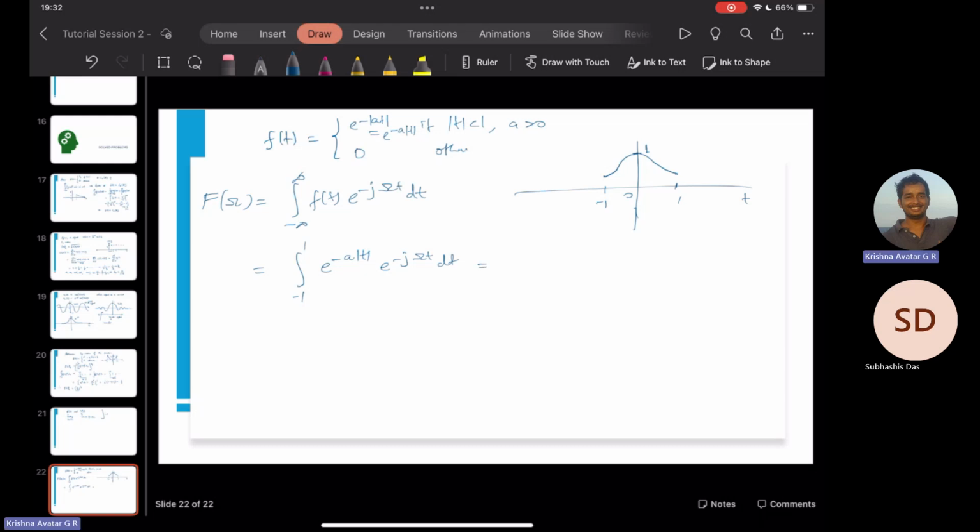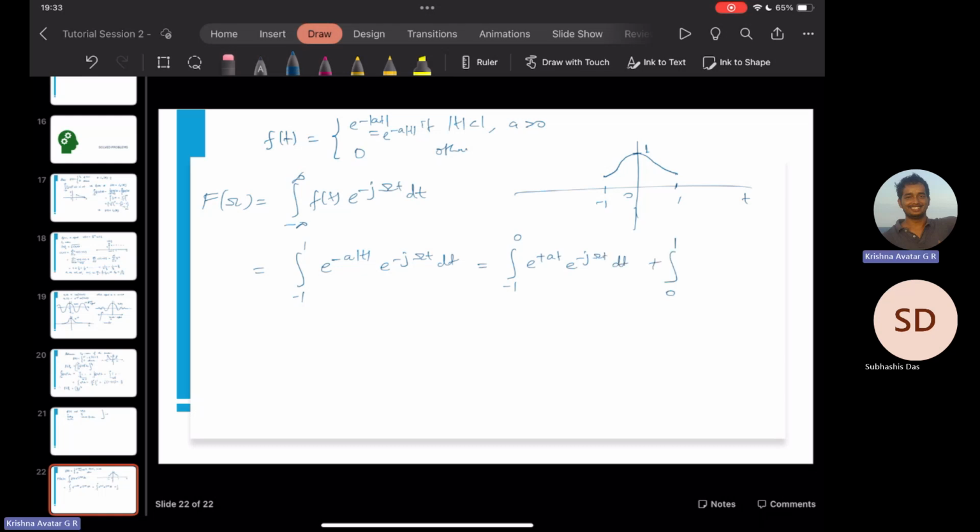Since we have a magnitude operation here, we'll split this into two parts. For -1 to 0, for t negative, the magnitude of t is just minus t, so it becomes plus a t, e to the power minus j omega t dt.